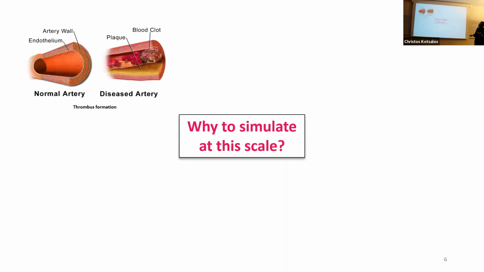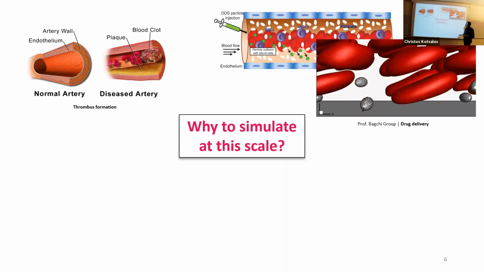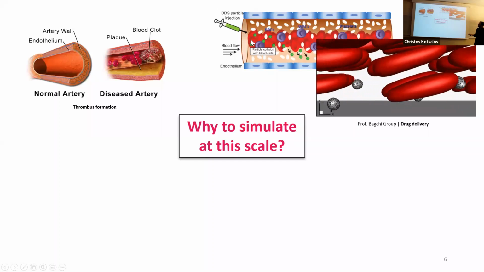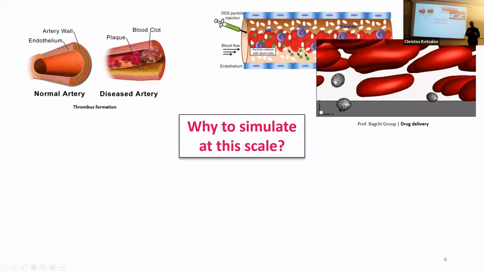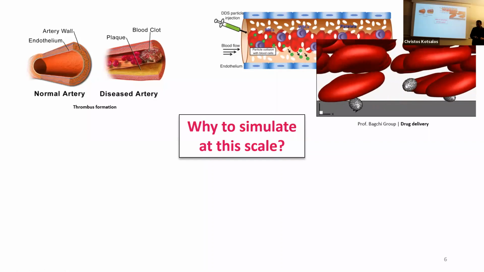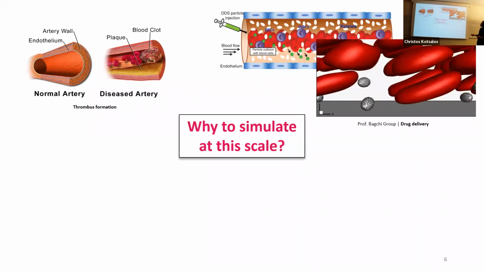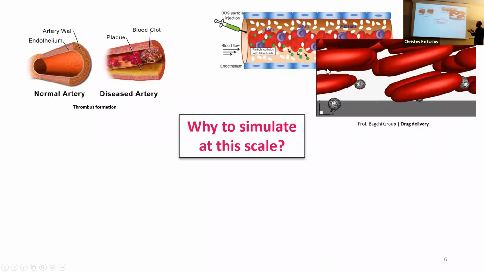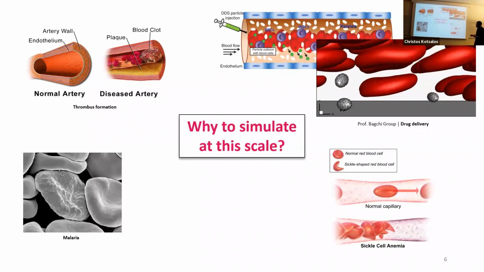For example, if we want to study the formation of a thrombus, a blood clot, we need to study how the platelets and the red blood cells go towards the walls and aggregate and adhere there. Another very interesting problem is drug injection, where we are injecting micro or nanoparticles into the blood flow. We want to make sure that the particles go where they are intended to go, for example, towards the walls.